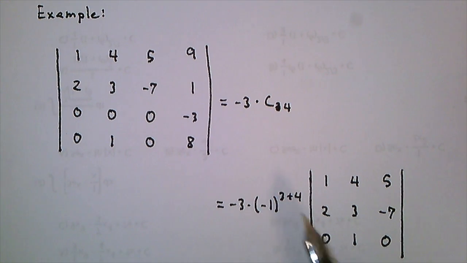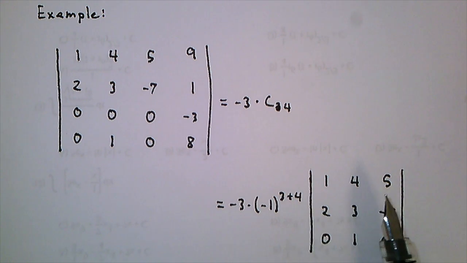Okay. So now we have a 3 by 3 determinant to worry about. We want to pick the row or column with the most zeros. This column has 1, 0. This column has 1, 0. But the third row has 2 zeros. So that's the one that we should pick for our cofactor expansion.